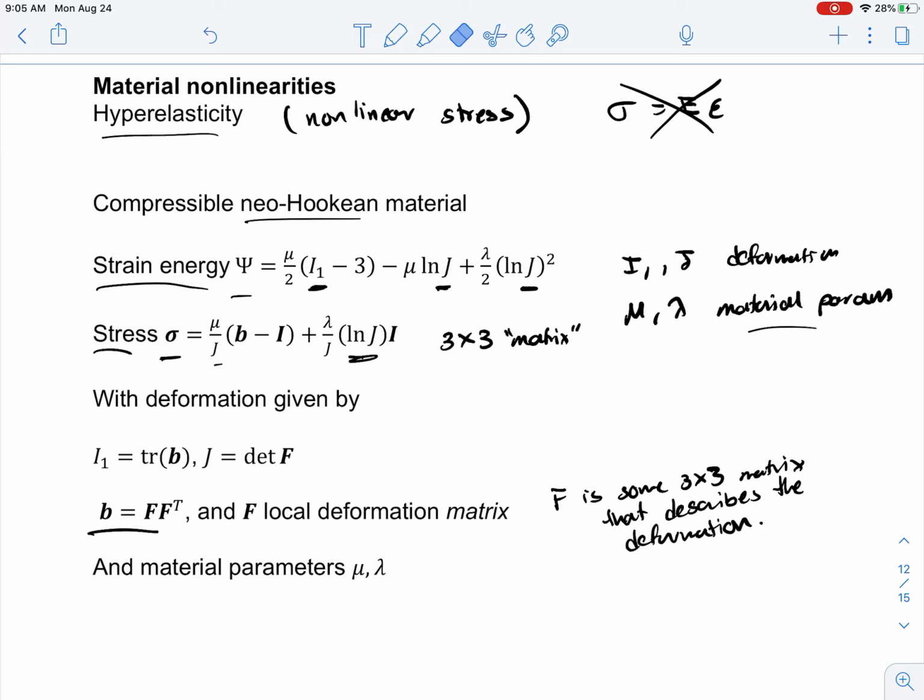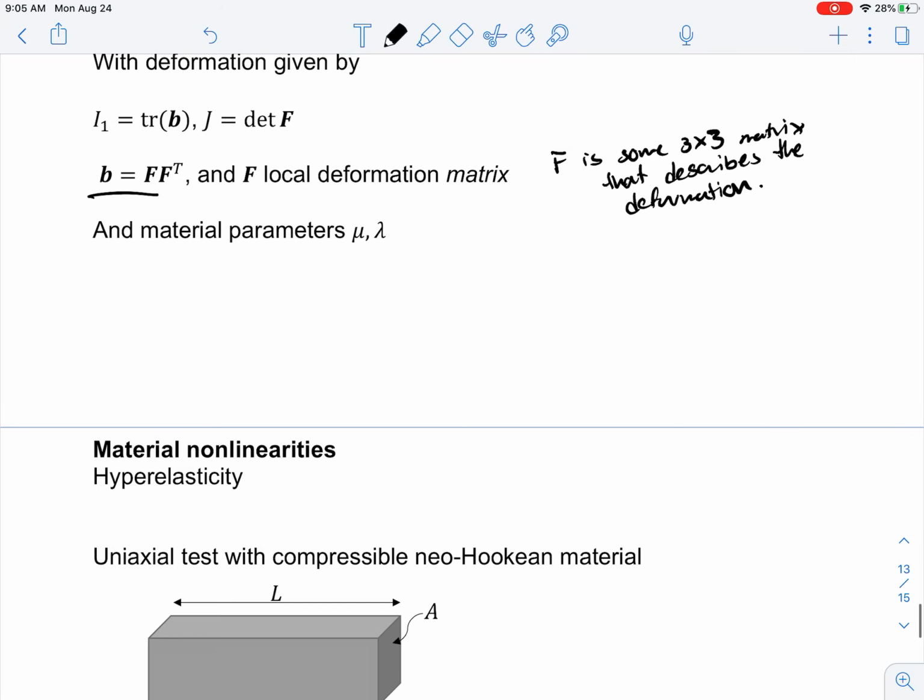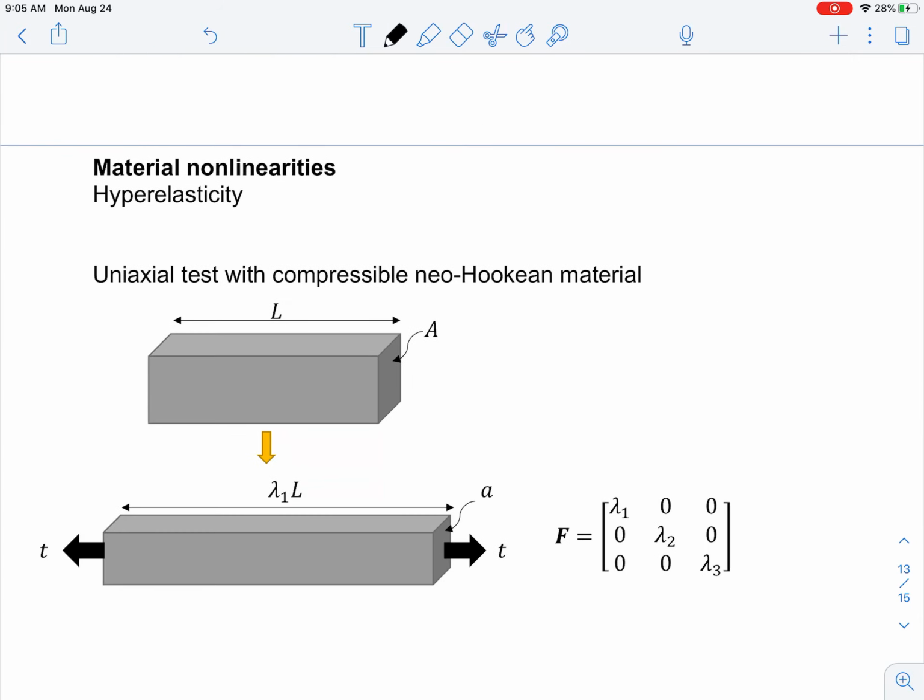And then we also have this logarithm of the Jacobian, which is also nonlinear. So now you can see that we went from having the stress being a linear function of the strain, to the stress being some nonlinear function of the deformation. Again, you don't have to understand the details, but just that there is such a thing as this nonlinear definition of the stress. So how can this be useful?